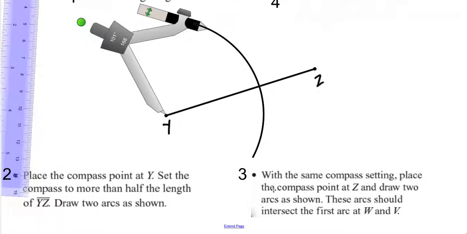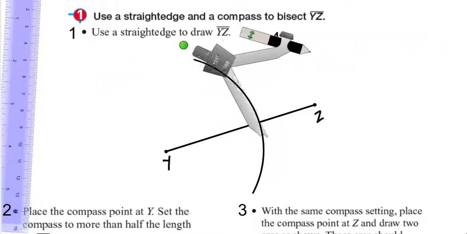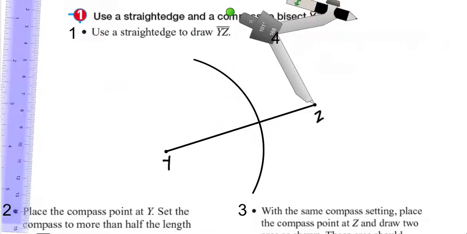With the same compass setting, place the compass point at Z and draw two arcs as shown. Okay, it's only actually one big arc. You can draw two small arcs, one arc here, one arc there, and that's the reason why it's saying two arcs. But I'm just doing it with one big arc. So I'm going to get my compass, I'm going to put it at point Z right there.